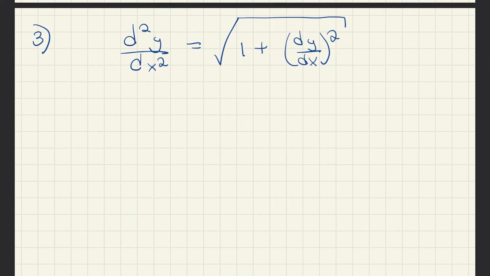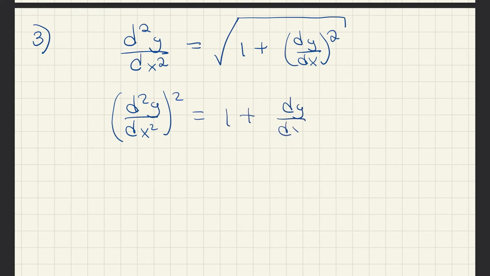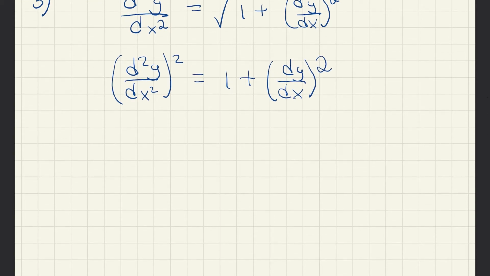Now we have a more difficult problem. In order to see what order this is, you have to rearrange both sides. So we're going to square both sides to get this. All right, now we're going to move dy over dx squared to the left.